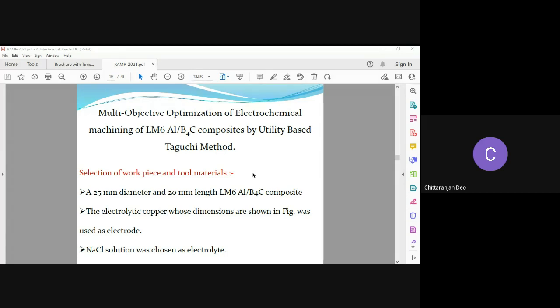The study is dealing with developing a new composite such as aluminum alloy LM6 with boron carbide as insert. Here we have taken different percentages of boron carbide as insert in an aluminum alloy matrix.